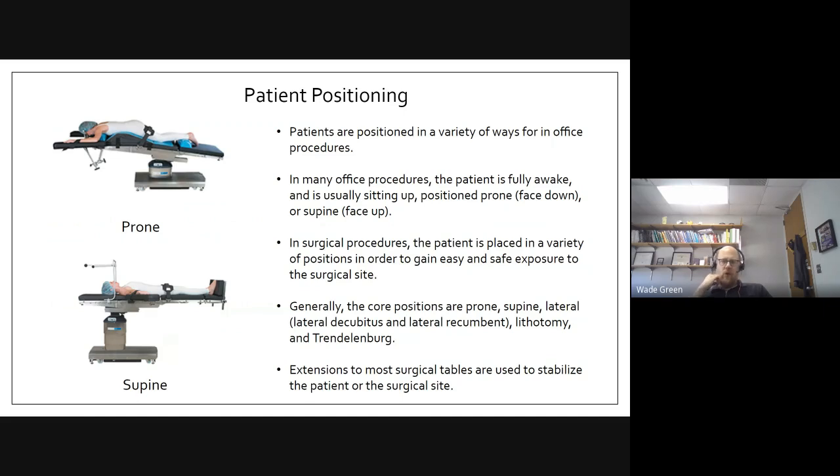It's really important to note too that for optimal surgical exposure, you will often see things like bolsters and other stabilizing devices used to keep the patient's body stable, securing the extremities and securing the surgical site itself to the table, keeping the patient still. This not only maximizes patient safety during the surgery, but also maximizes the efficiency of the procedure.